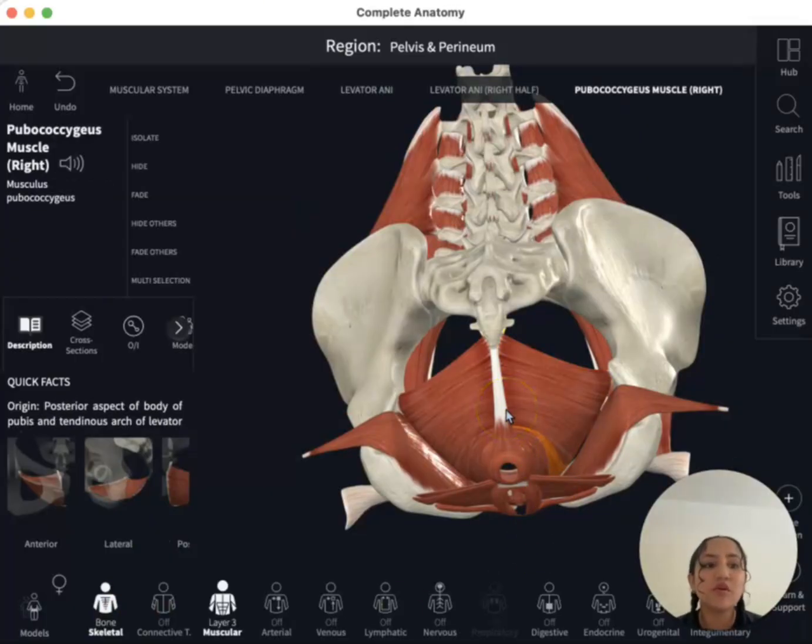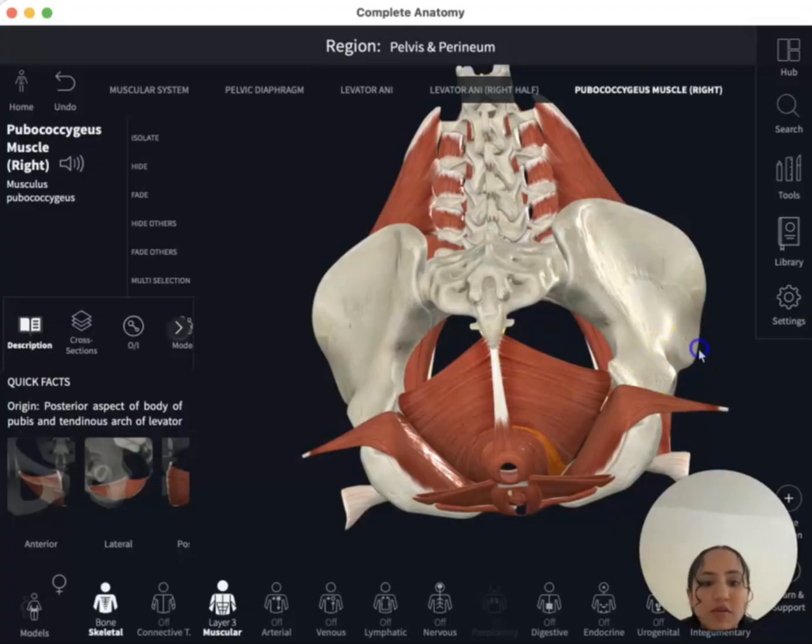We're going to do this one right here. This is the pubococcygeus muscle. The origin for this is the posterior aspect of the body of the pubis and then the arch of the levator ani. The insertion is the coccyx, the pubococcygeus tendon, the perineal body, and then the walls of the vagina and the prostate in males.